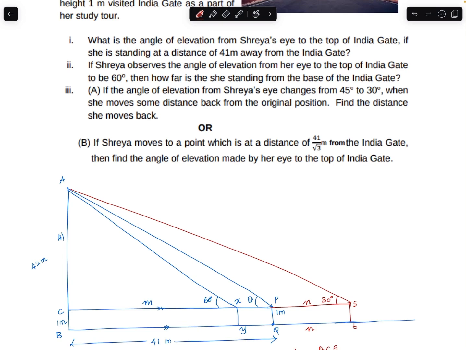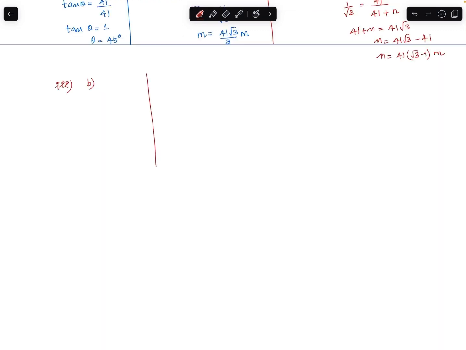Question 3, subdivision B. If Shreya moves to a point which is at a distance of 41 by root 3 meters from the India Gate, then find the angle of elevation made by her eye to the top of India Gate. AB is 42 meter. Then this is the ground level.